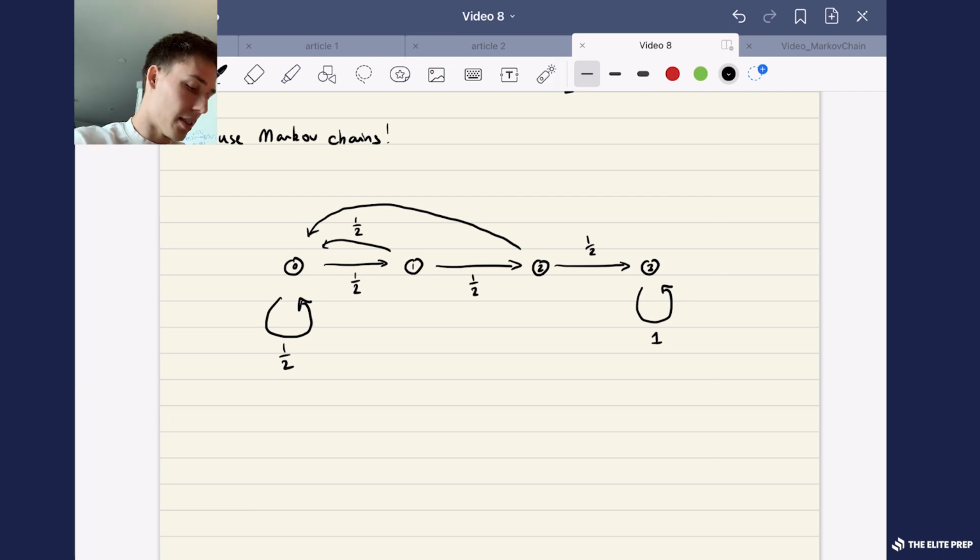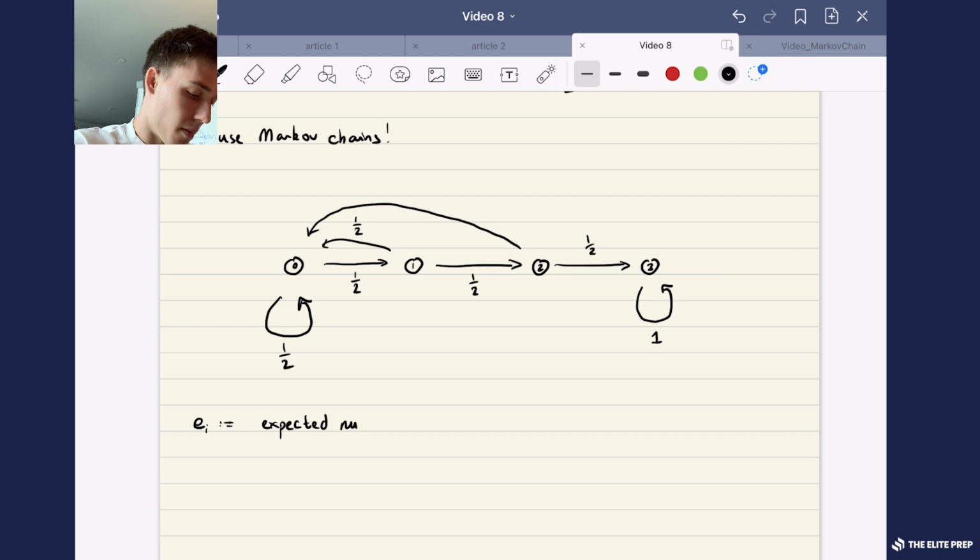So let us introduce a new variable, call it E_i. And E_i denotes the expected number of throws until state 3 is reached from state i.